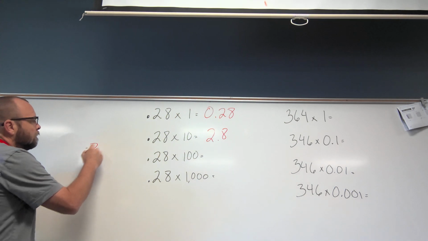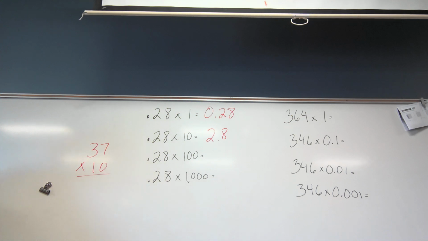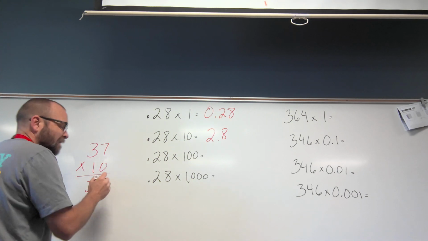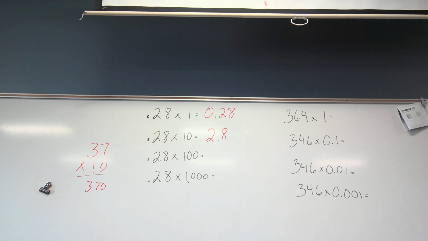If I gave you the problem 37 times 10, all you've done is move a 0 up, right? And you'd say it's 370. That's what you did when you multiplied by a whole number, but that's not really what you actually did.